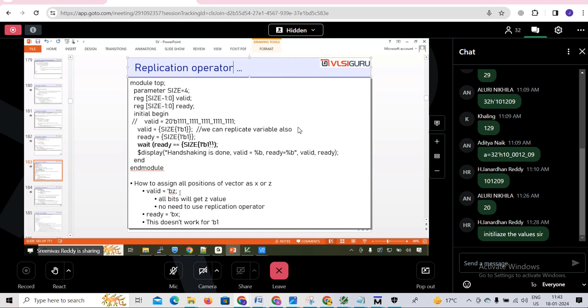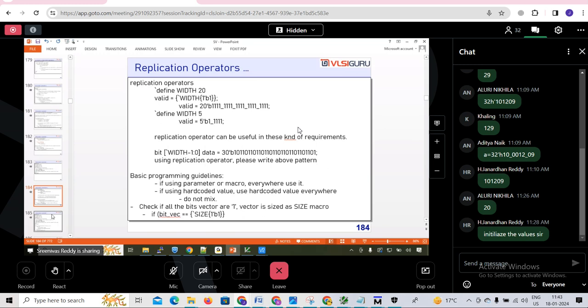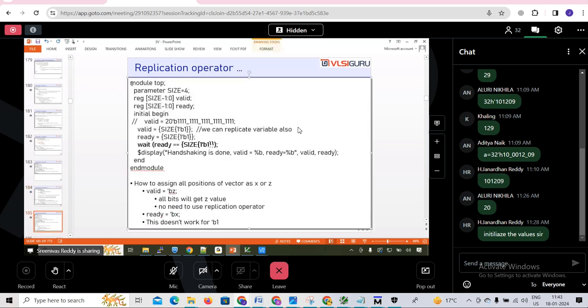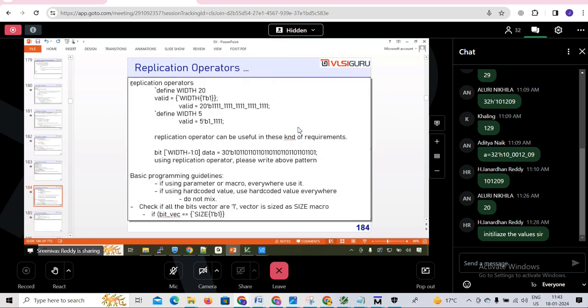Next. Replication operators, tick define width 20, valid tick width 1 tick b1 means valid gets replicated, 1 bit gets replicated 20 times.